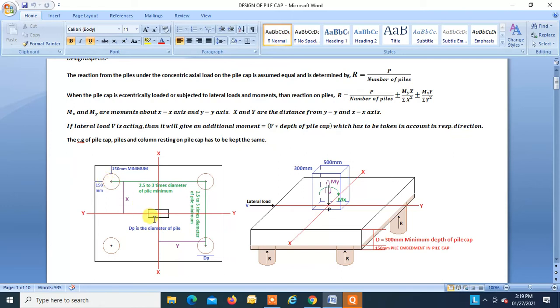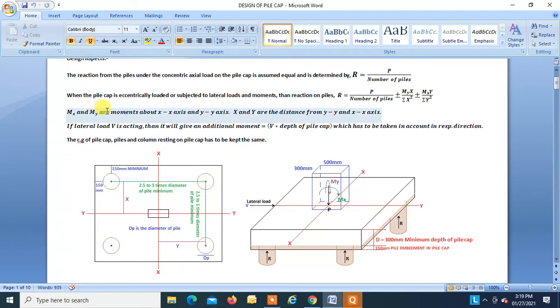For this pile, Mx will be negative and My will be positive. So this will be negative, this will be positive. For this pile, Mx will be positive and My will be negative. So this you have to take as negative and this you have to take as positive. So this is how you get the reactions under each pile.